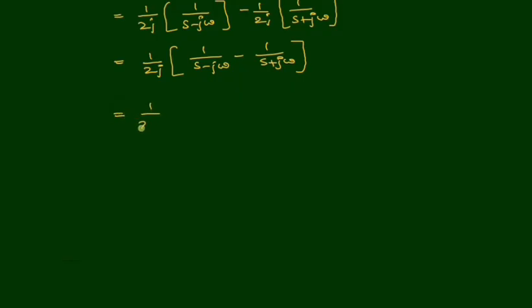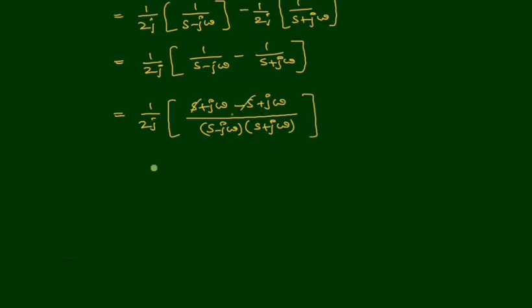1 by 2j, we take the LCM, s minus j omega into s plus j omega. The first term becomes s plus j omega minus s plus j omega. Plus s minus s is cancelled.